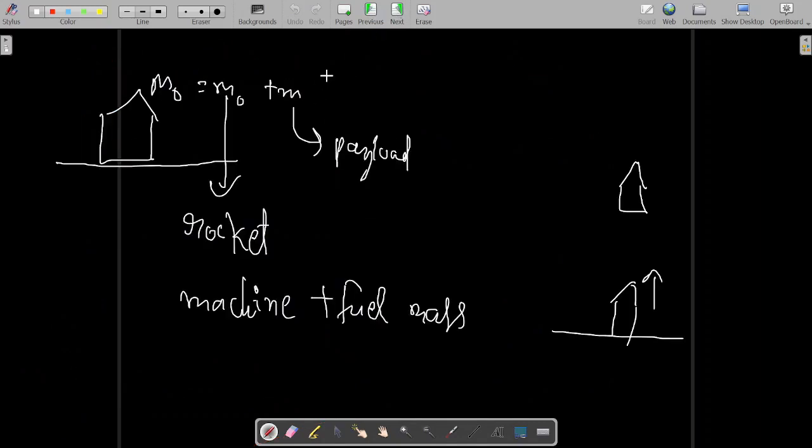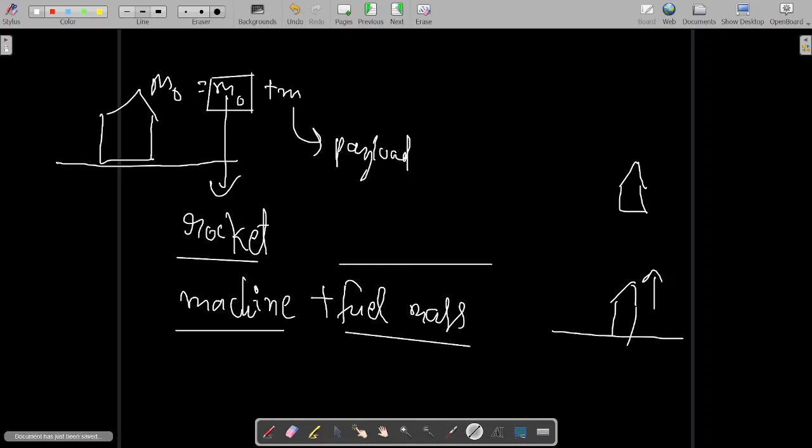Reduction in mass of the rocket will be in this particular area, that is rocket machine plus fuel mass. As fuel will be burnt, this mass will be reduced while the rocket is traveling.